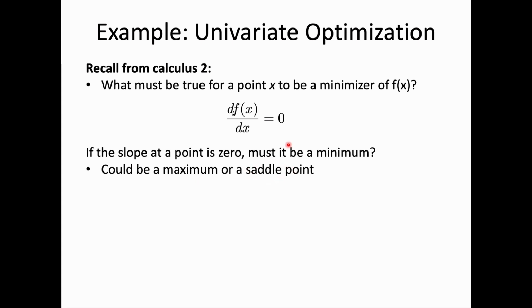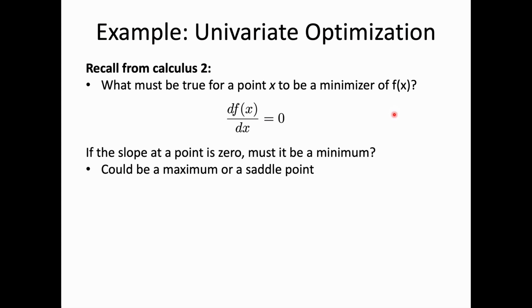And when we think about the slope being 0, one way of interpreting this graphically is at a point x, if the slope is 0, then the tangent line to the function curve must be flat. It's horizontal. And there are 3 different ways that can be the case.